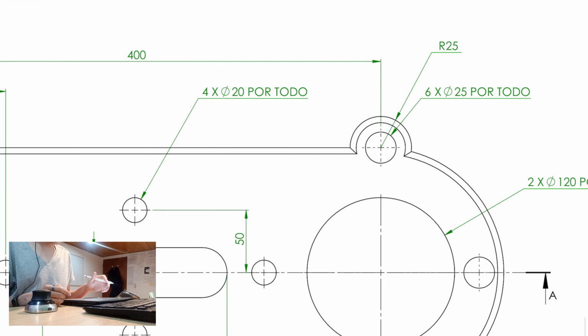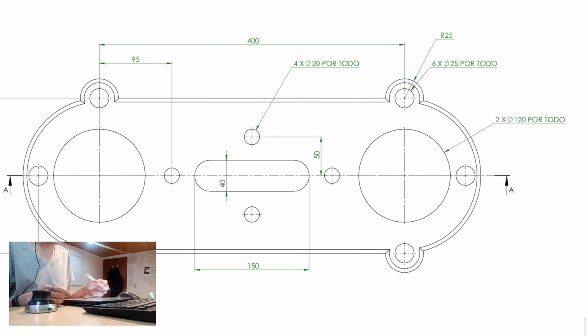Now, for your knowledge, this is just a nomenclature that means 4 times a diameter of 20 through all. This is Spanish for through all. This means that 1, 2, 3, and 4 of the circles, every single one of them is 20 millimeters, talking about the diameter.